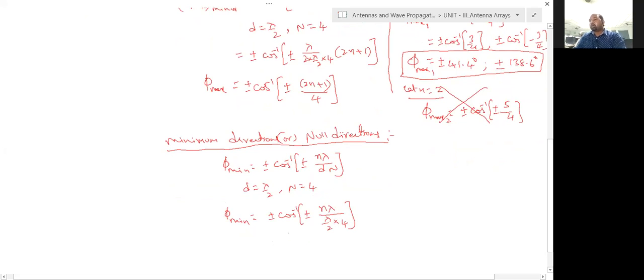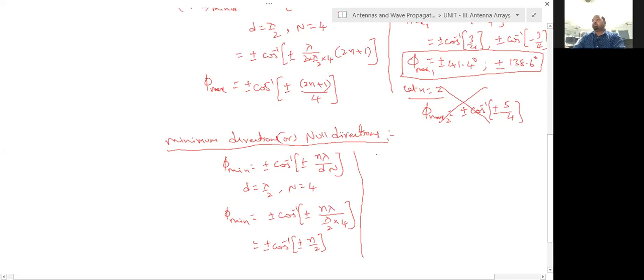Therefore this is equal to plus or minus cos inverse of plus or minus n by 2.